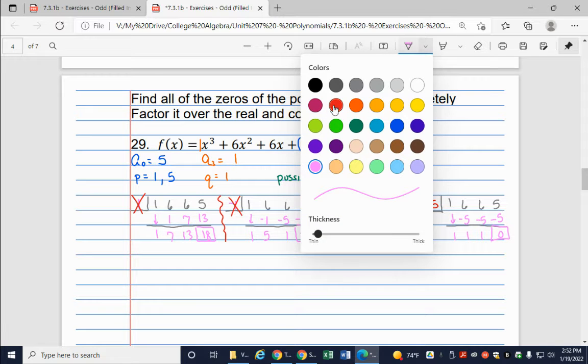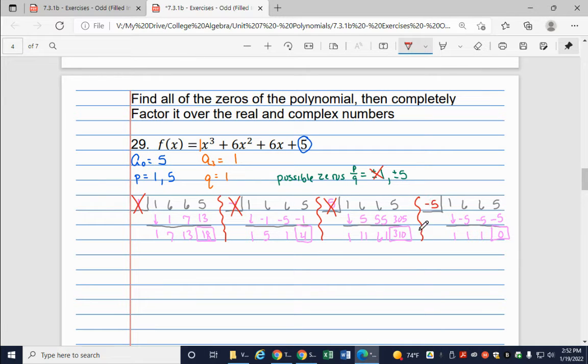So that means -5 is a 0. X equals -5. I'll write that better. Is a 0.